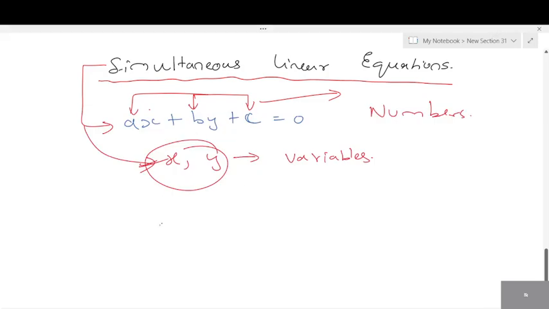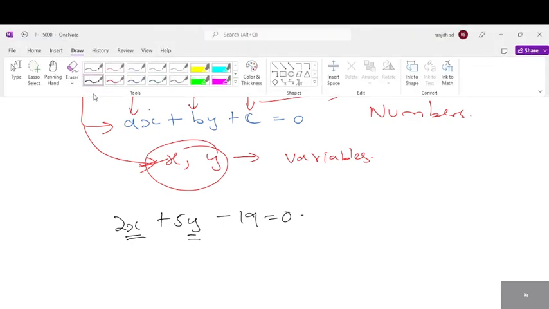So we need to find two variables. First question, you'll get questions like this: 2x plus 5y minus 19 is equals to 0. How many variables are here? x and y. We need to find the value of x and y. This is one equation.